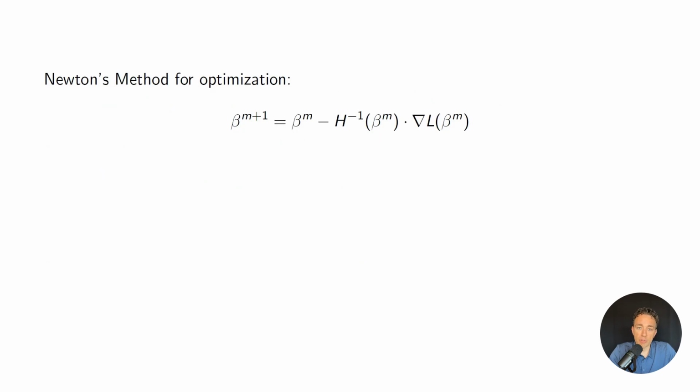But before we get too far into the algorithm, we need to at least understand some basics of nonlinear optimization. And we can go to Newton's method for optimization, which says if I have a guess for the parameter value that optimizes my objective function, I can modify that guess by taking into account information about the first and second derivatives of my objective function.